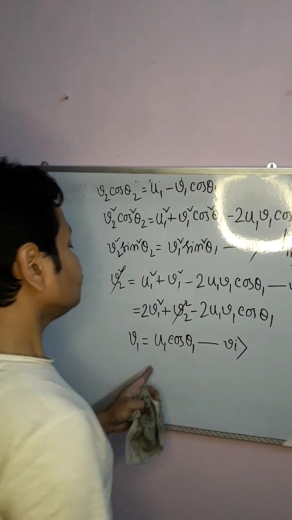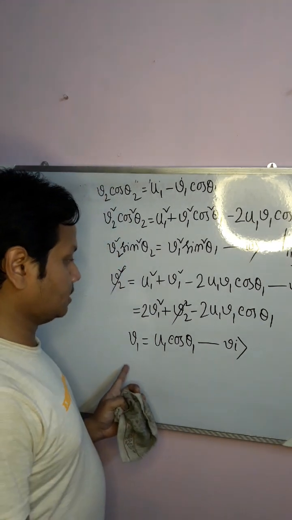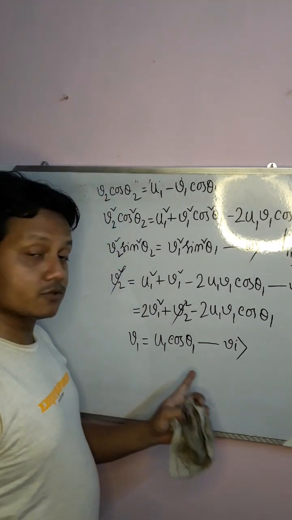So this is the scattering velocity. This is the velocity after scattering.